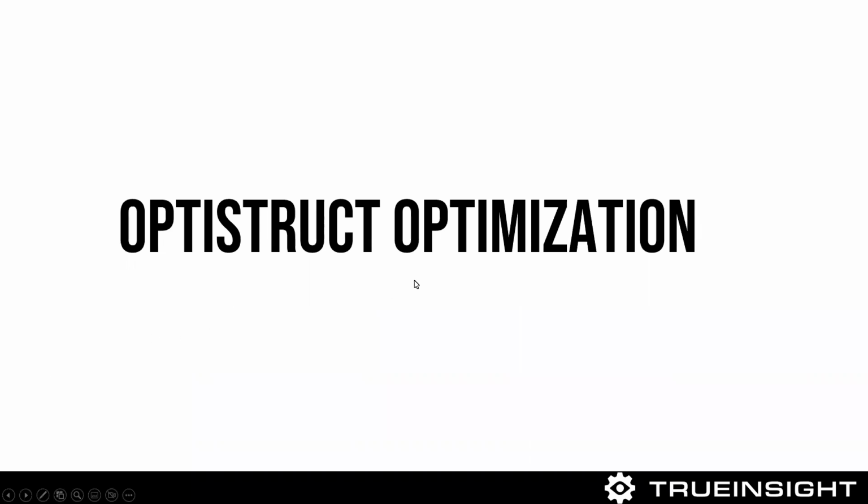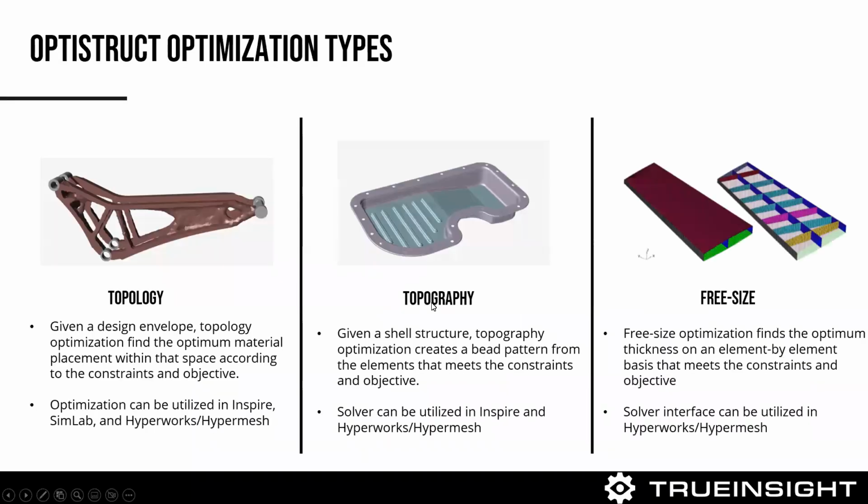Let's jump into some of the types of optimization within OptiStruct. I'm guessing most of you who've heard of optimization are familiar with topology, which tends to be the most prevalent across a variety of tools. In this picture, you have a couple of constraints.